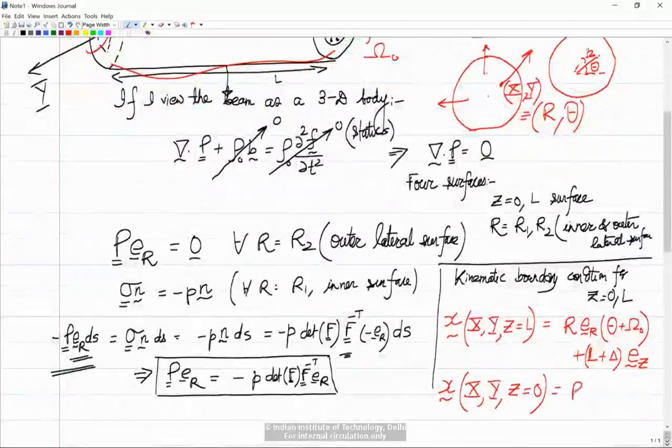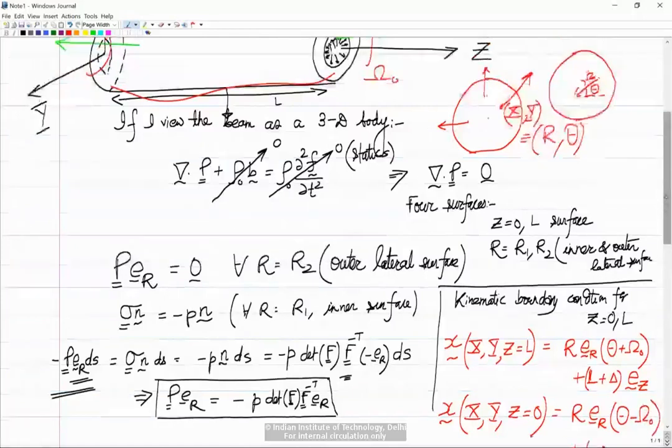So that's going to be big R, E big R of theta, but here minus omega naught because it's going to be rotated in the other direction, plus minus delta.